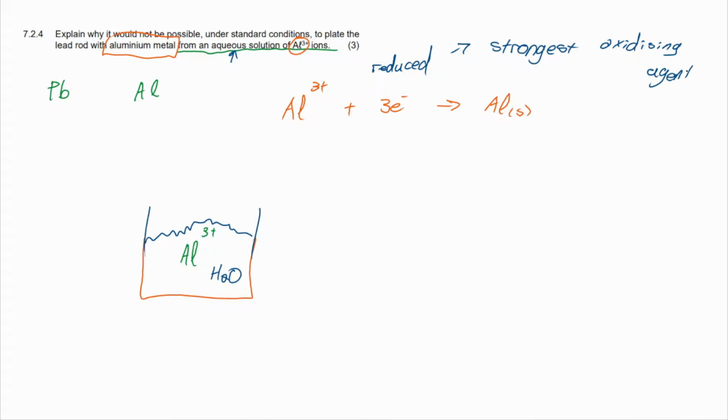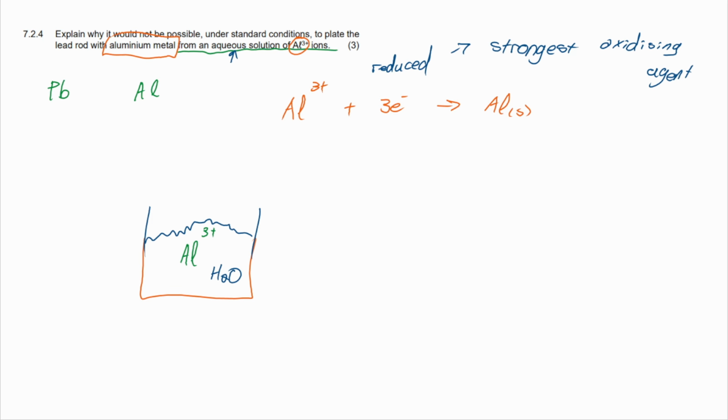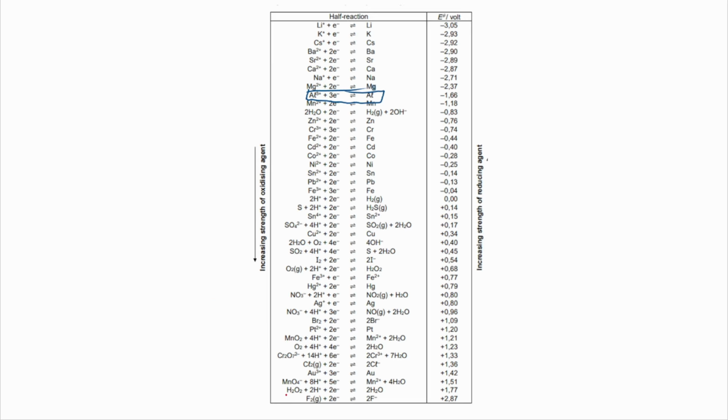So what we're doing is we're looking between aluminium ions and water. The strongest oxidizing agent will be here at the bottom. Remember the arrow is pointing to the strongest one. Aluminium's all the way up here, so it's a very weak oxidizing agent.